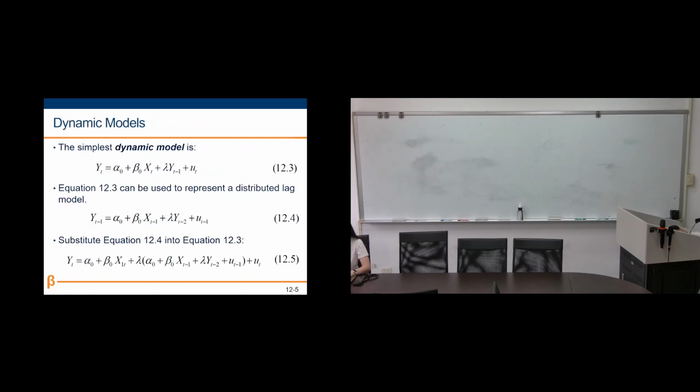The second model is what we call the dynamic model. So the dynamic model is the one with a lag of the dependent variable as an independent variable, like 12.3. So we have the lag 1 of dependent variable y. And what's the problem with dynamic models?